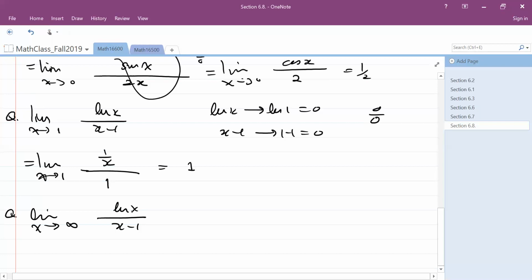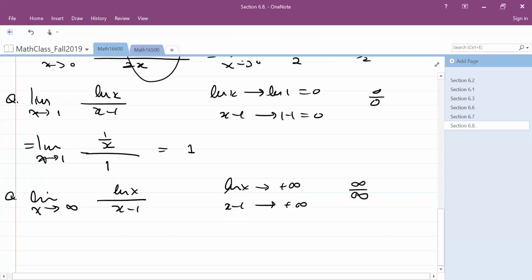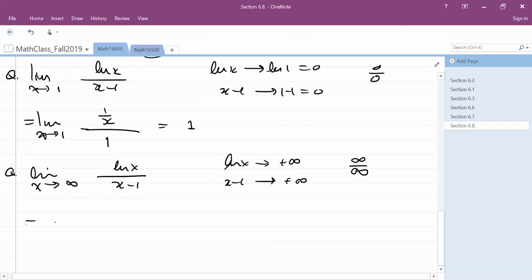Clearly the numerator approaches infinity as x approaches infinity. x minus 1 also approaches infinity, so this is infinity over infinity type. Therefore, you can differentiate the numerator and denominator, but this time you will get 1 over x.